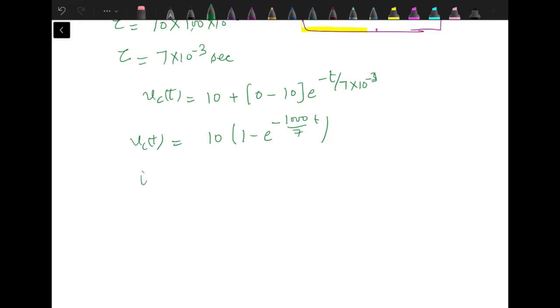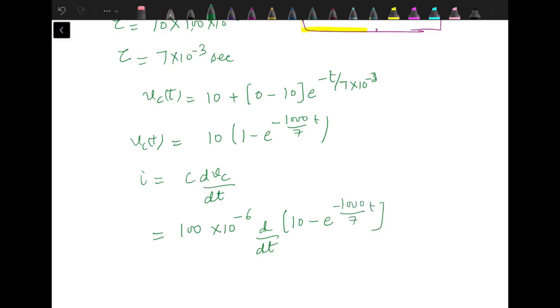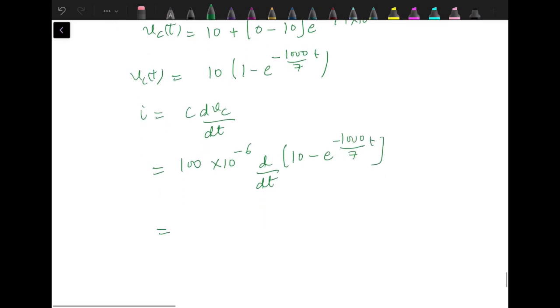Then I is equal to C dVc by dt. C is 100 into 10 raised to power minus 6, d by dt of 10 into (1 minus e raised to power minus 1000 by 7 t). That gives 10 raised to power minus 4.